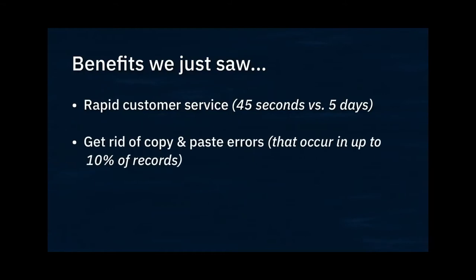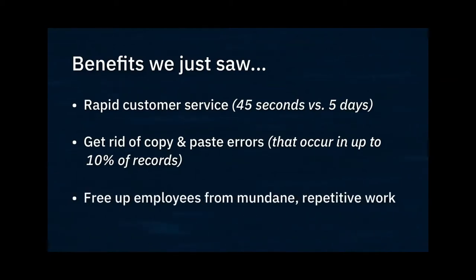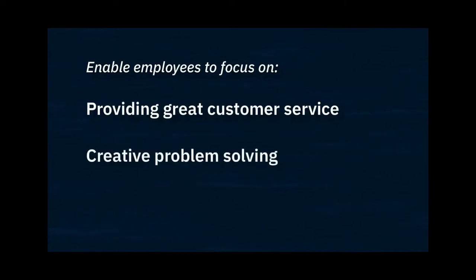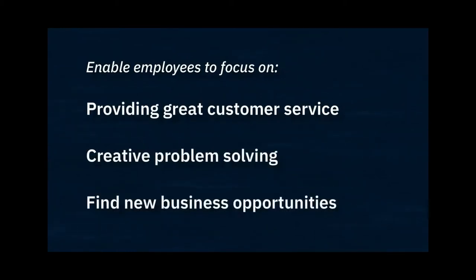Second, we eliminated the copy and paste errors that often occur in as many as 10% of manually copied customer records. And third, we can free up our people from this type of mundane and repetitive work so they can focus on the things that humans do best, things like providing personal empathy to customers or using creativity to solve problems or find new business opportunities.